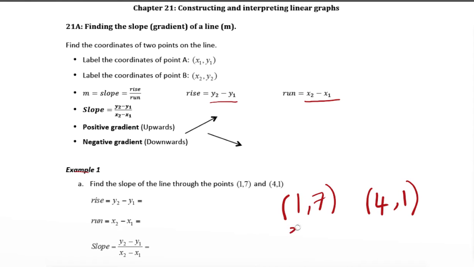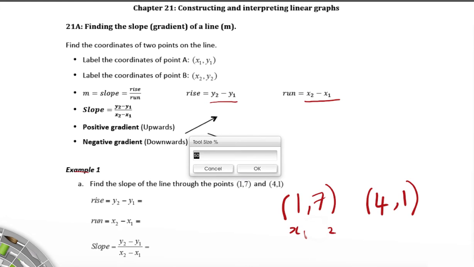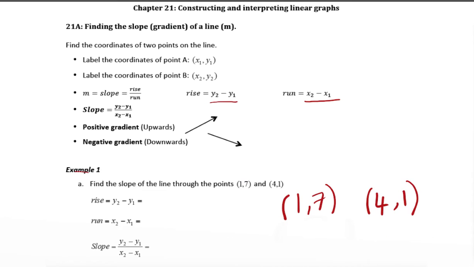So this is going to be my coordinate 1. We're going to call this x1 and y1, and this will be x2 and y2.